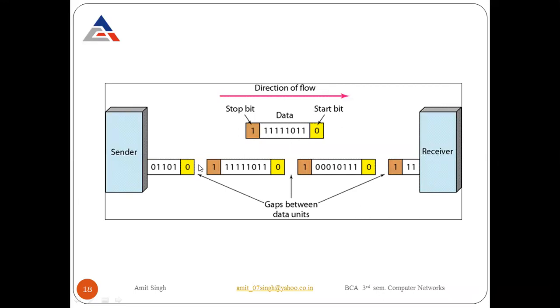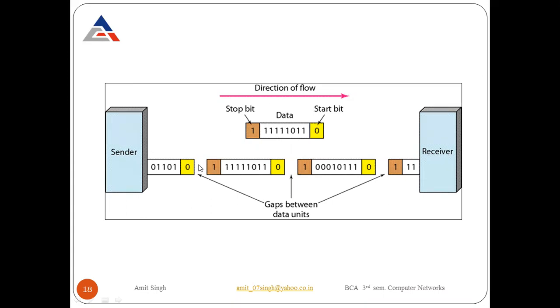The second thing is that in synchronous there is no start and stop, but in the case of asynchronous we have two bits, the start bit and the stop bit. Whenever a data unit starts, it starts with zero. Zero represents the start bit, and whenever the data is completed, we have another bit at the end of our data unit called the stop bit, which is denoted by 1.